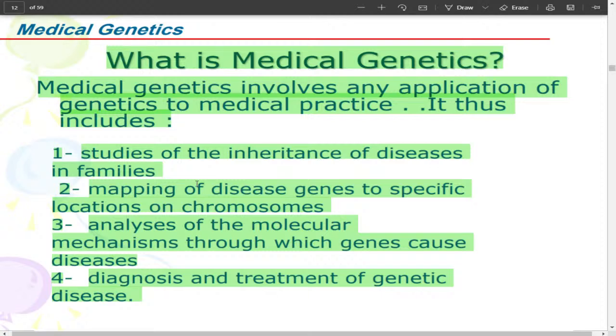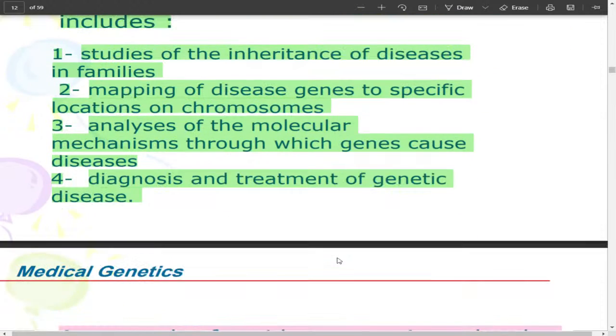In family, and analyzing the molecular mechanism through which the gene causes a disease. Molecular mechanism, mapping the disease gene, etc. Studying the inheritance in families and diagnosis and treatment of genetic disease.